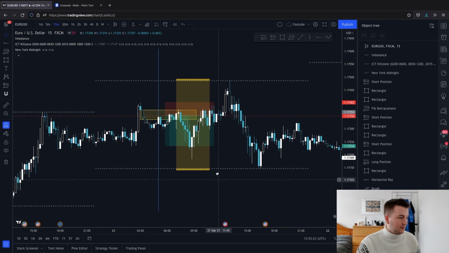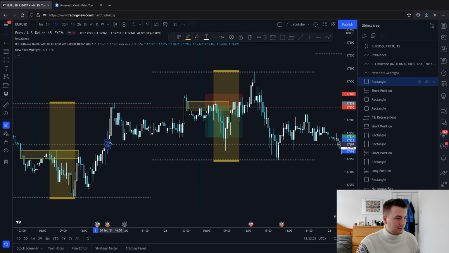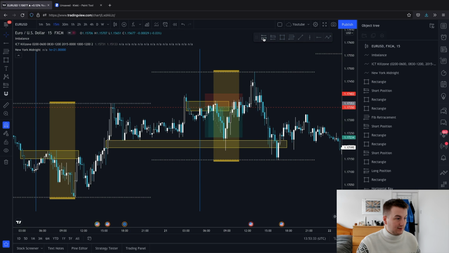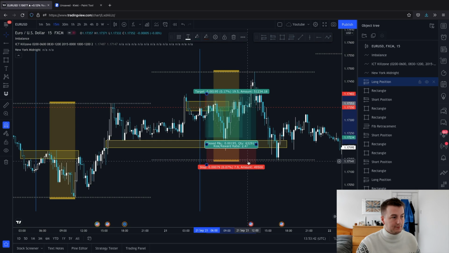Okay? And then from this day, bang, another imbalance right here. Enter again. Stop loss at the low. Take profit at the high. Another 2.47 trade. Okay, guys?